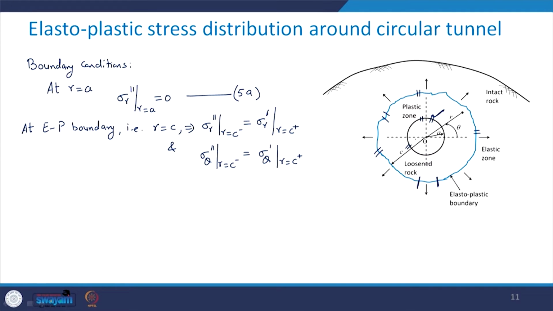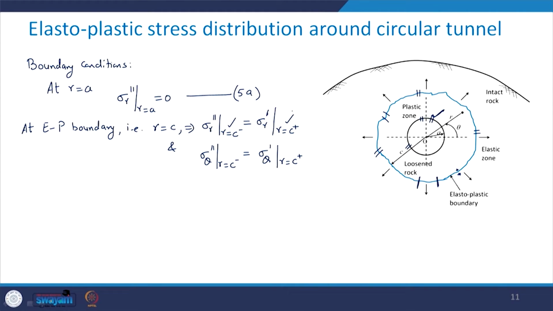Now, when I say r equal to C minus, that means we are somewhere in the plastic zone, but very near to this elasto-plastic boundary. When I say r equal to C plus, we are in the elastic zone, but again we are near to the elasto-plastic boundary. That is the meaning of r equal to C minus and r equal to C plus.